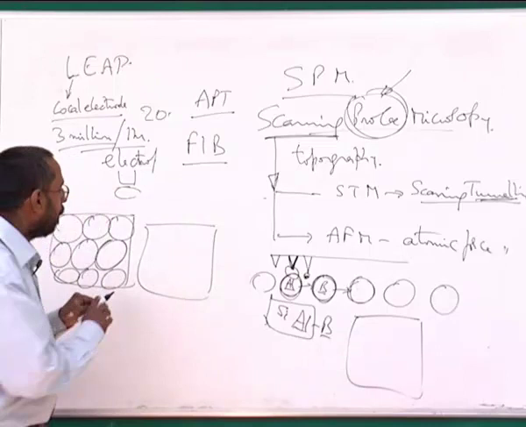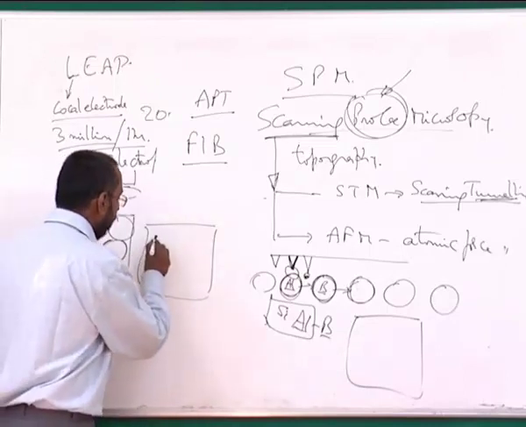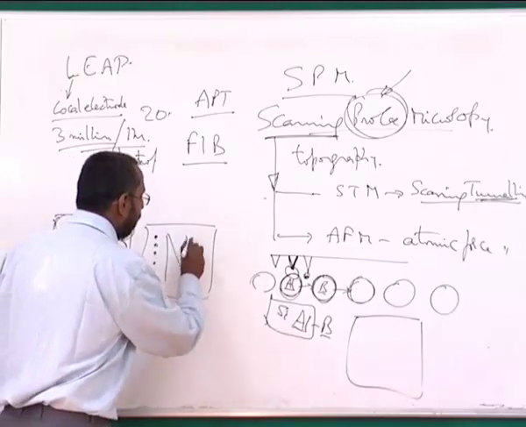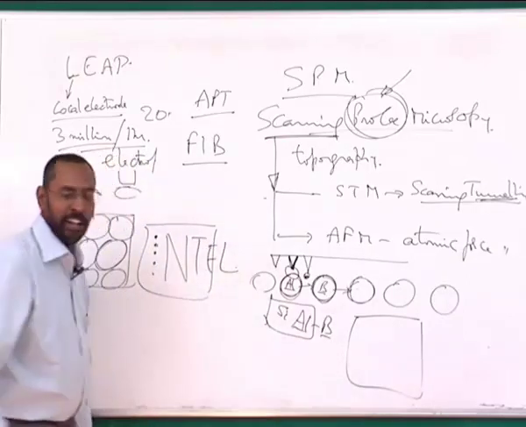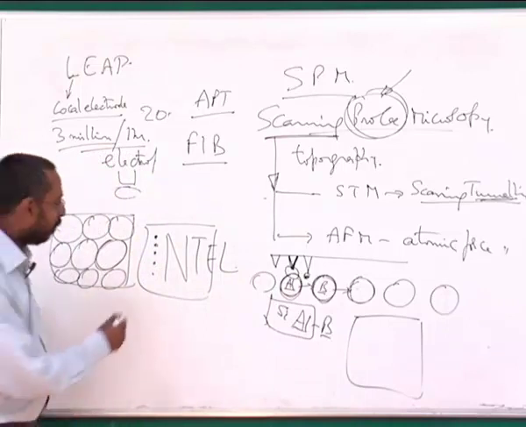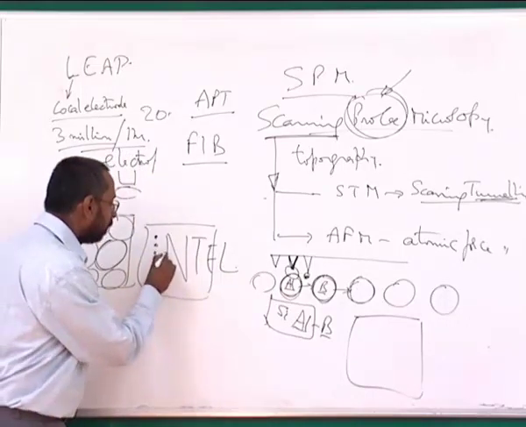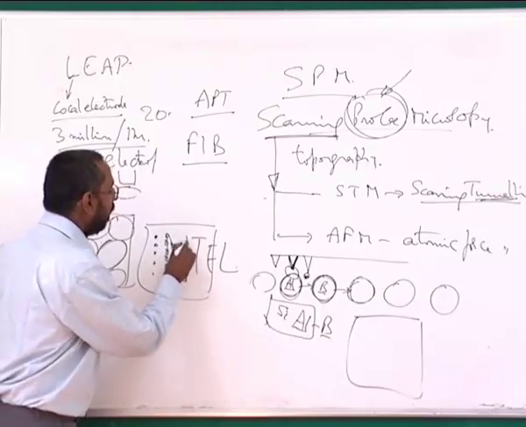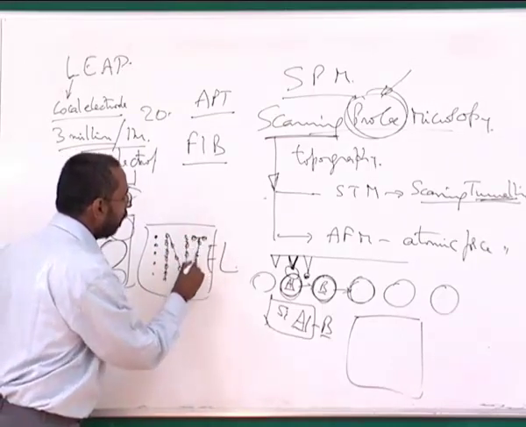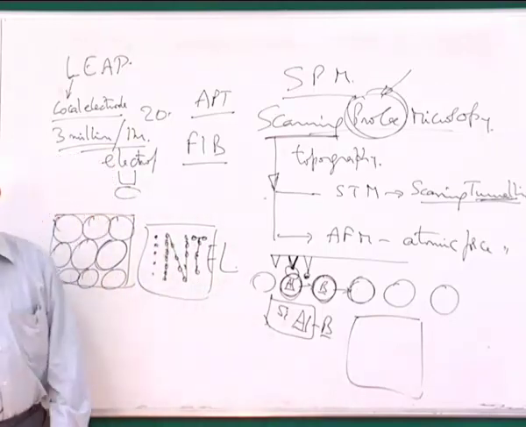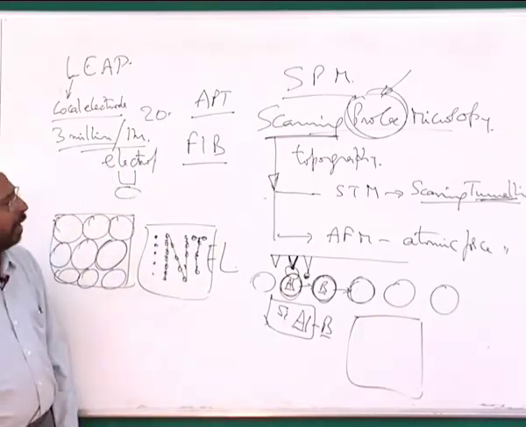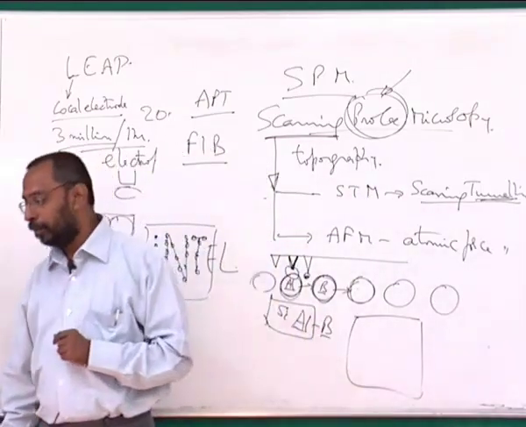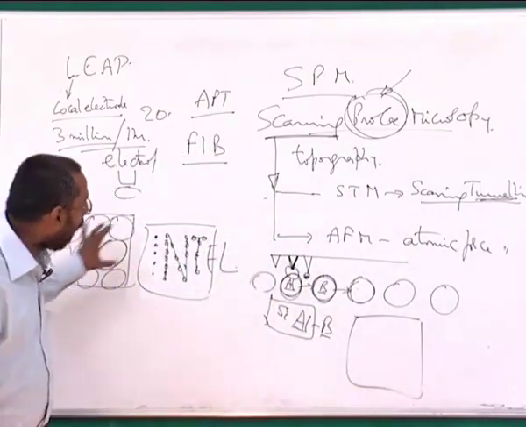For example, they put atoms something like this, and then create things like this, various letters, which are nothing but atoms being put in a particular fashion, so that you will be able to create various images that are of interest to you. So people have done all this, and this has become very popular, and in fact that is one of the reasons why scanning tunneling microscopy has become very popular, that you can manipulate atoms.